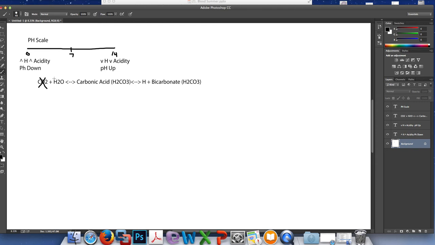It's in that water, and as you know, water is not harmful for us, it's actually good. So we've reduced the acidity of the blood by having this bicarbonate there. So the bicarbonate in the blood helps us to regulate pH by binding to hydrogen when we become too acidic, allowing us to breathe it out.